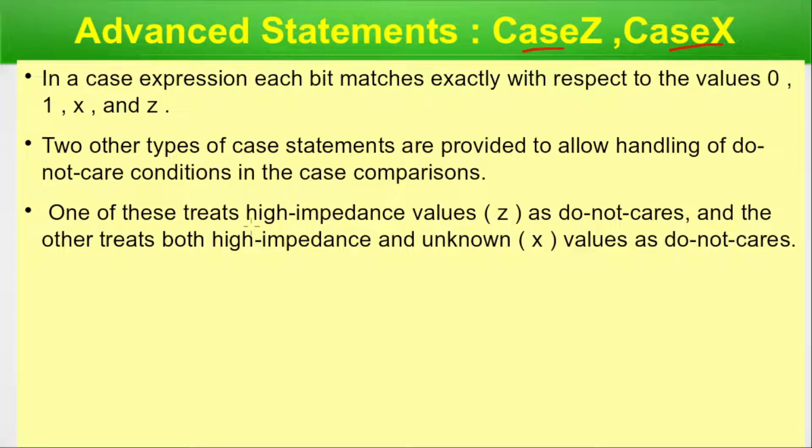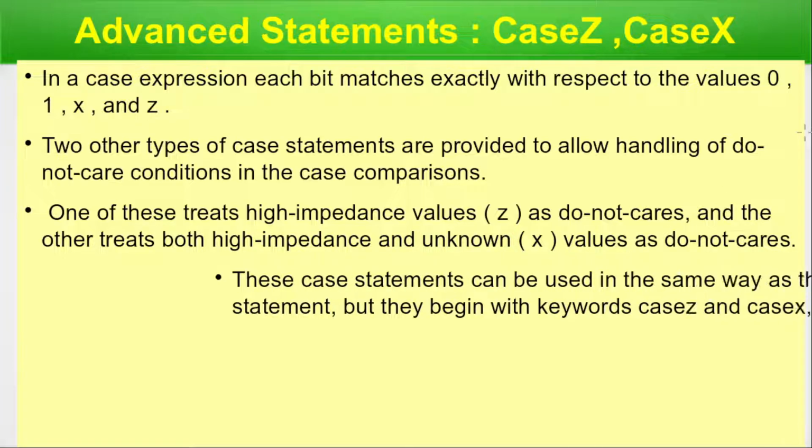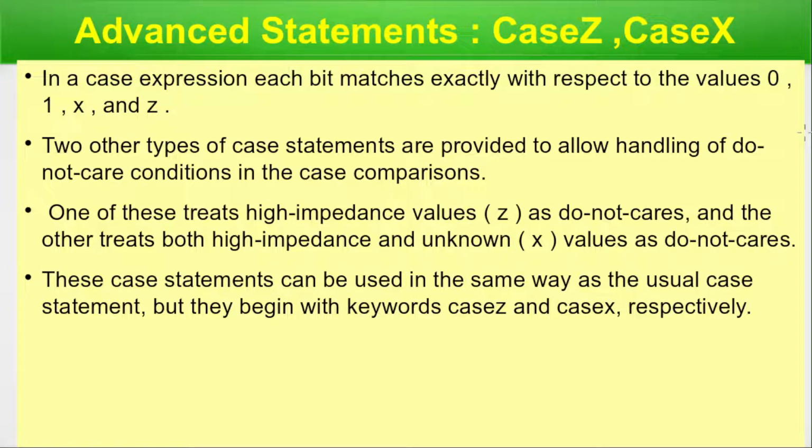One of these treats high impedance value Z as do not care, that means this is case Z, and the other treats the high impedance and unknown, that means Z and X, as do not care, that means this is for case X. These case statements can be used in the same way as the usual case statement. That means the writing fashion is the same, but they begin with the keywords case Z and case X. These are reserved keywords in Verilog. So you have to use these judiciously where you have such cases inside your Verilog design.